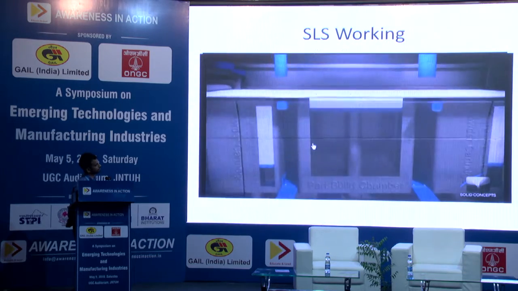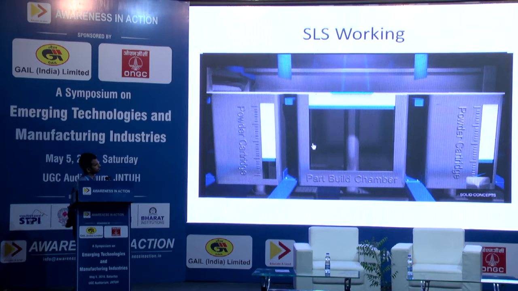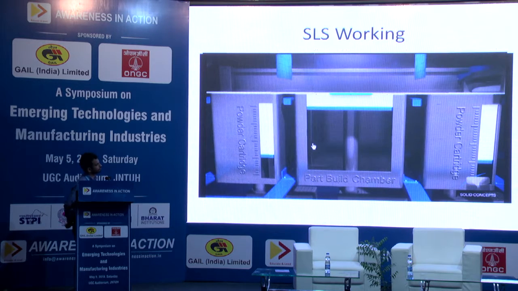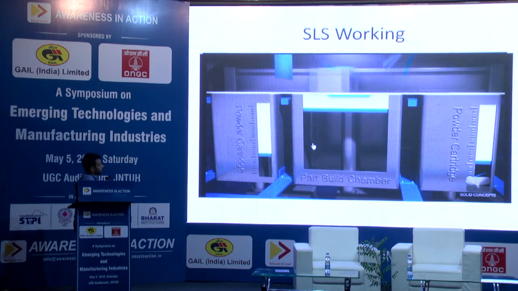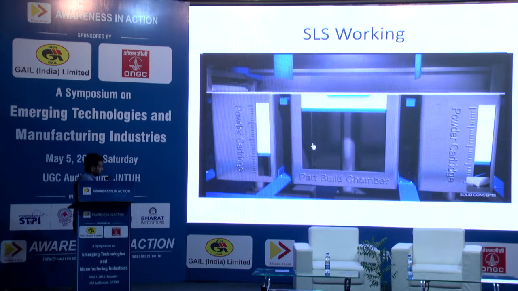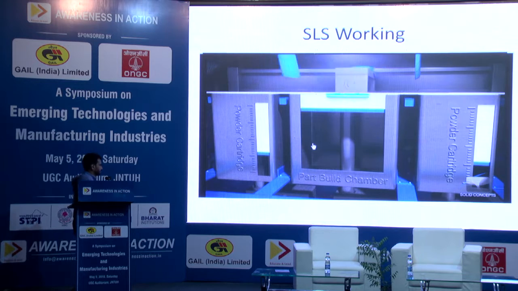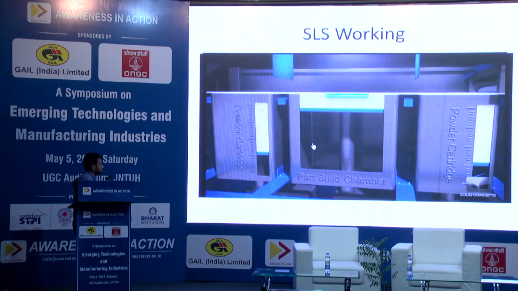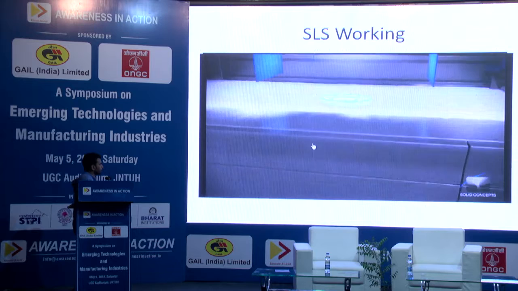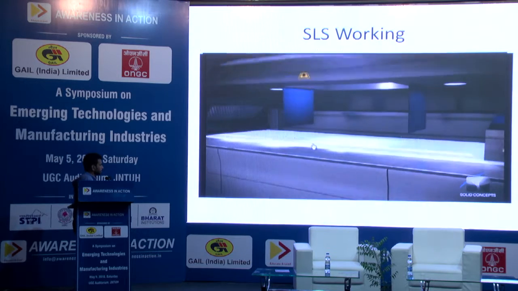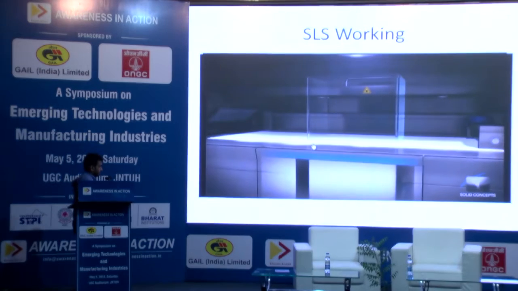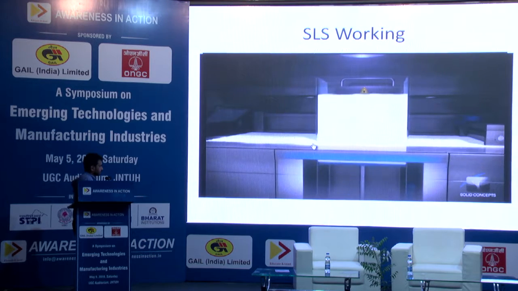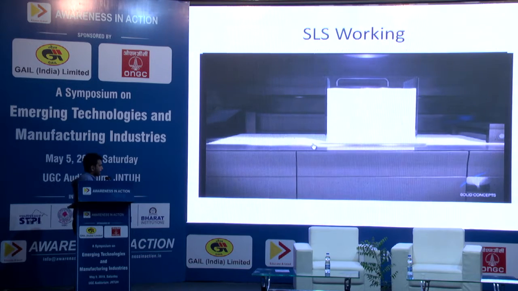Once a single layer is complete, the powder bed is lowered to make room for the next layer. More material is introduced from the powder cartridge and rolled out smooth, while unused material is recycled. The process is repeated, building layer upon layer until the part is complete. As SLS parts are built, they are encompassed by unsintered powder, which provides supplemental strength and eliminates the need for support structures.